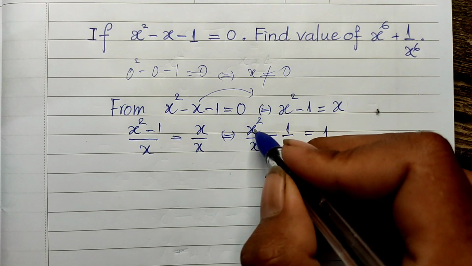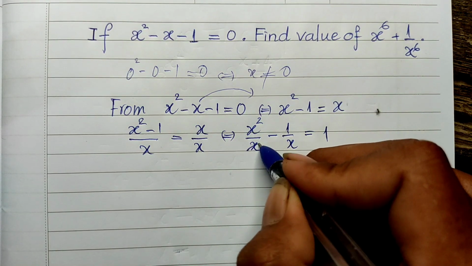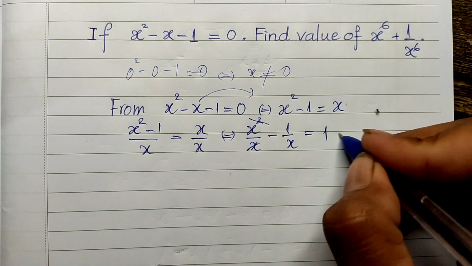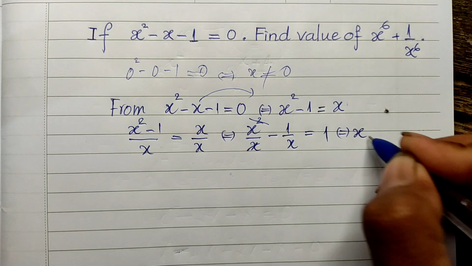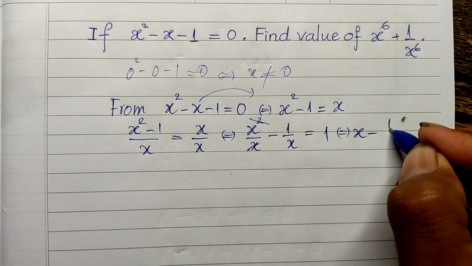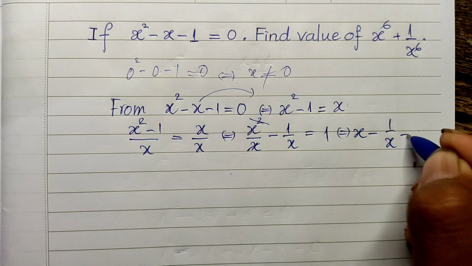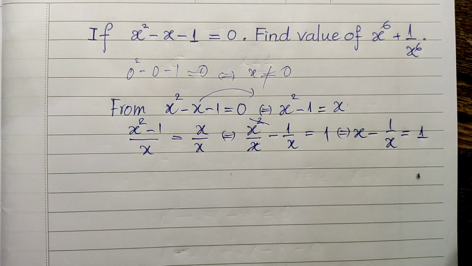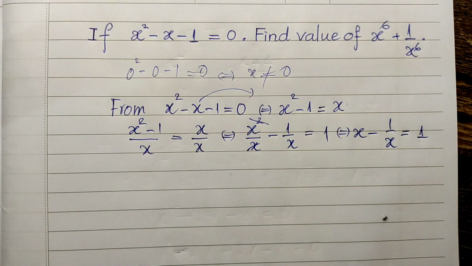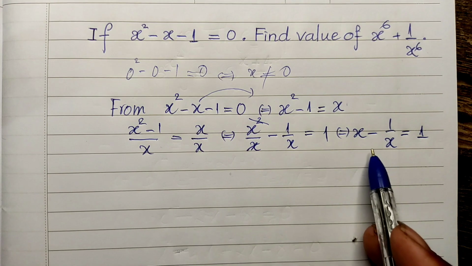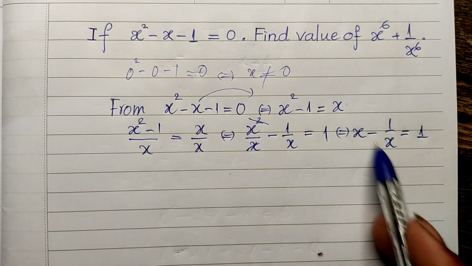Also, we simplify x and x squared. So I get x minus 1 divided by x equals 1. Now first, I square both sides of this equation.